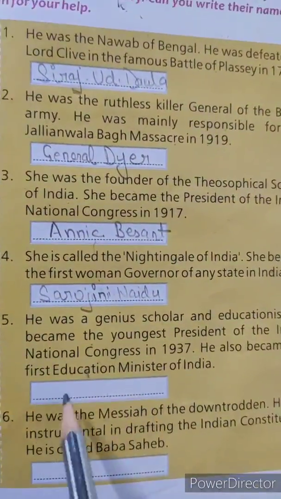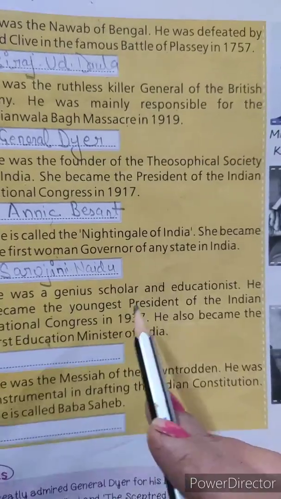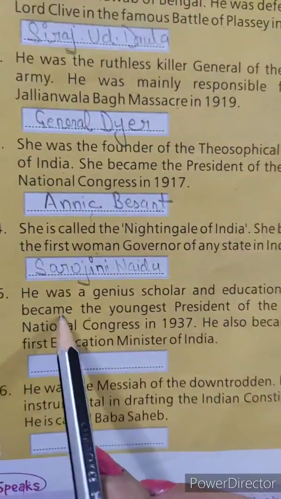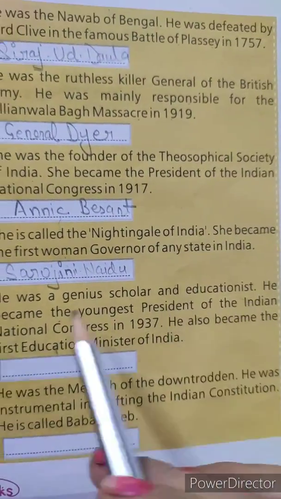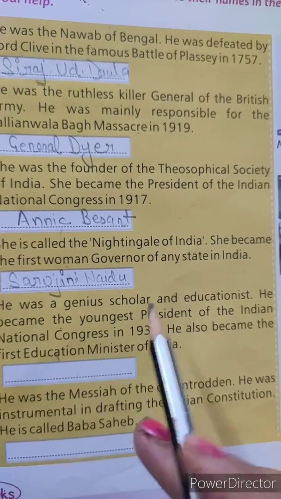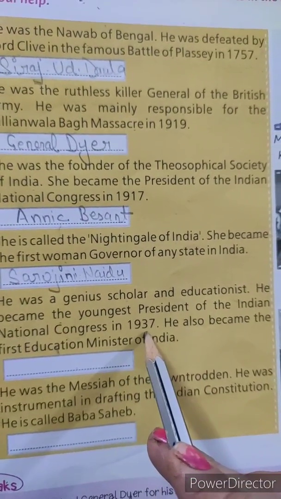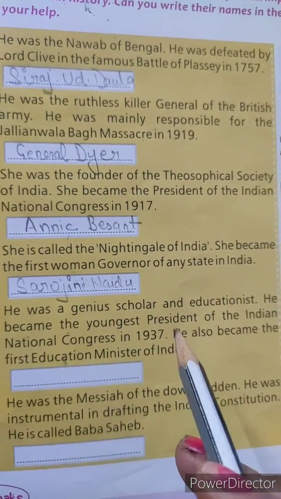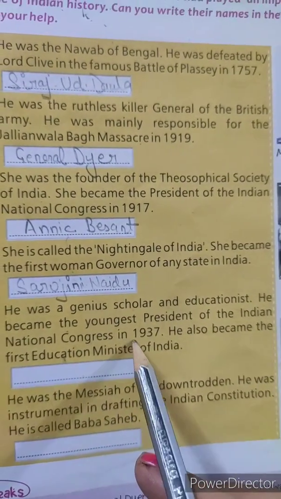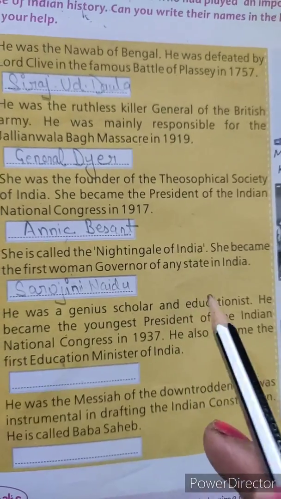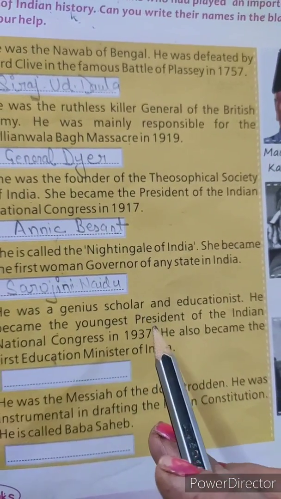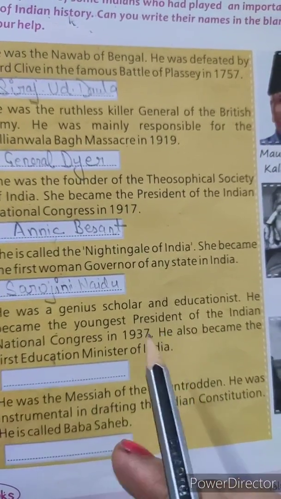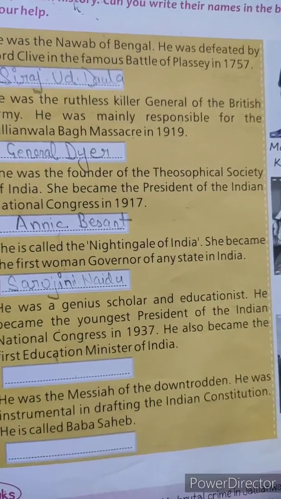Now let's read it again. Genius scholar and educationist. Became the youngest president of the Indian National Congress in which year? In the year 1937. He also became the first education minister of India. Now students, a question can come: who was the youngest president of the Indian National Congress? The question can form like this also.